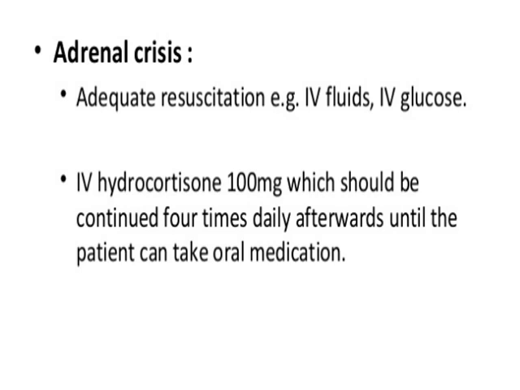It should be given 4 times daily, until the patient regains consciousness and can take oral medications. After the regain of consciousness, the replacement doses for the steroid should be initiated orally.